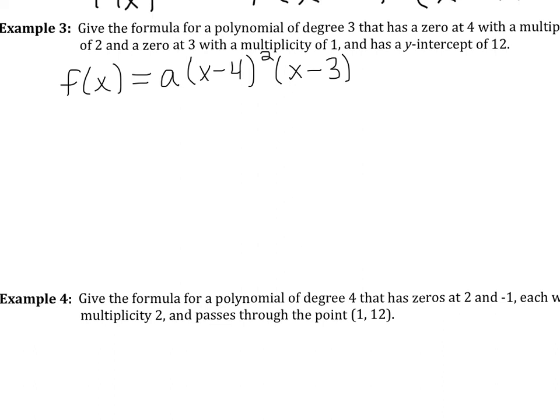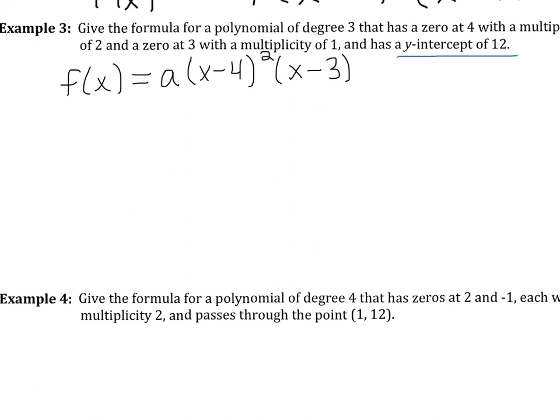Why would you give us that extra information? Well, not unlike the work that we did with quadratic functions, you're given an extra point so that you can solve for a, right? I can think of lots of graphs that will have these zeros, but only one of them that's going to go through that exact point. And so that's the purpose of that extra information.